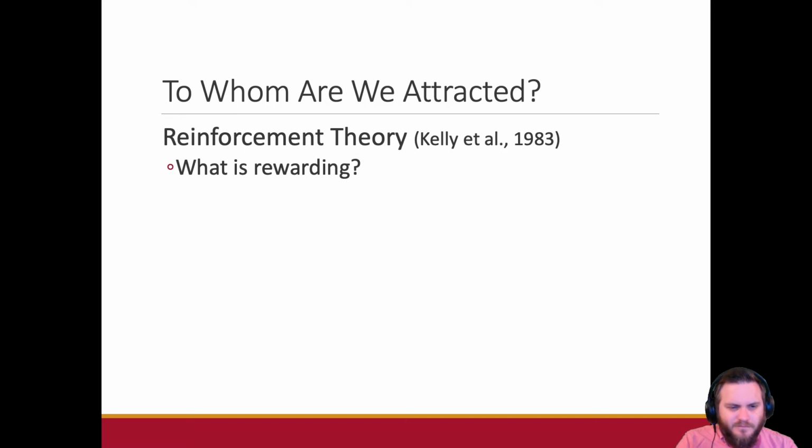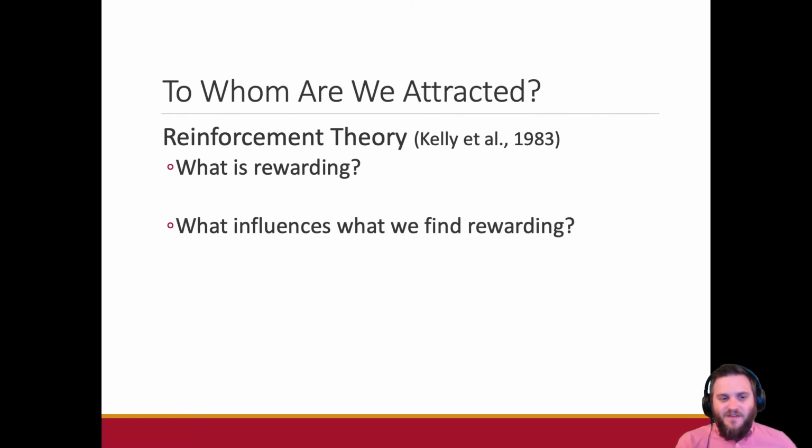And then other things that are rewarding are associated with that person, and so it becomes a feature of classical conditioning. That is what we are going to couch each of these variables within.